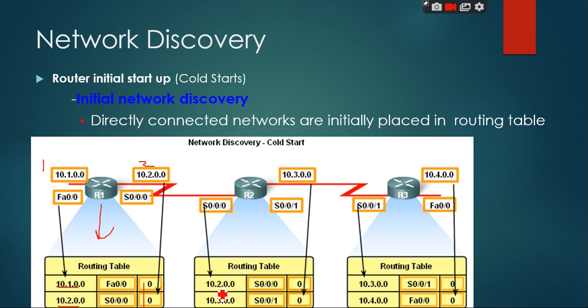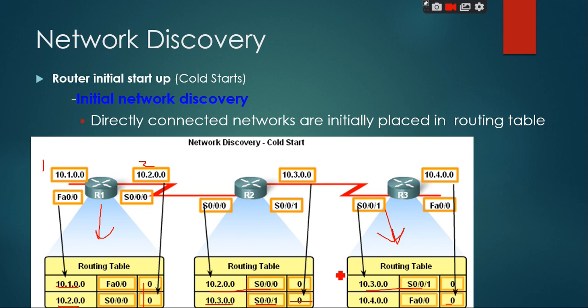That's 10.2.0.0 connected to serial 0/0. Hop count will be 0 because directly connected, and then 10.3.0.0 connected to serial 0/1. Hop count is 0 again. And then R3, we have serial 0/1 connected to 10.3.3.0 and FastEthernet 0/0 connected to 10.4.0.0.